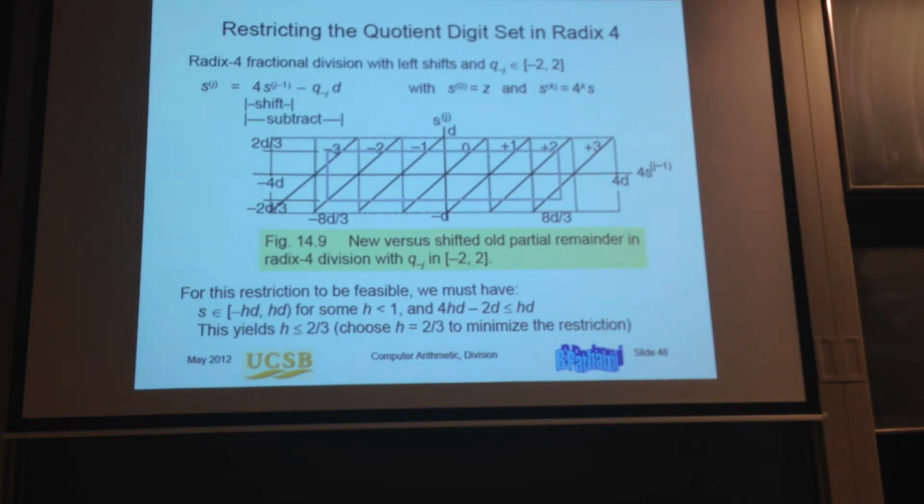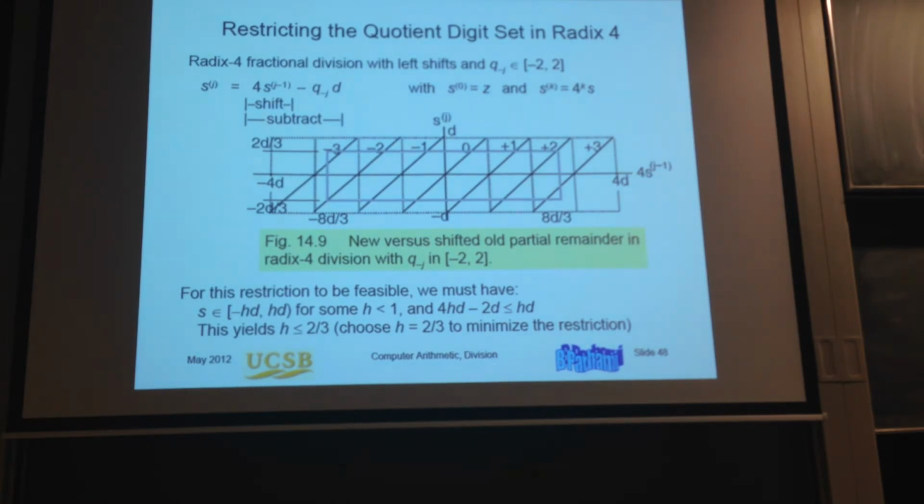Now, you see, I can apply this technique with a smaller digit set. There is redundancy in it anyway. And then I can say, I will do the division, it's still radix 4, but the digit set can be -2 to 2. I still have enough redundancy.